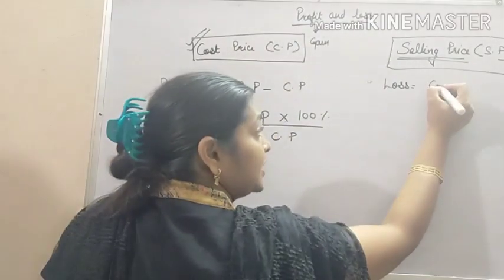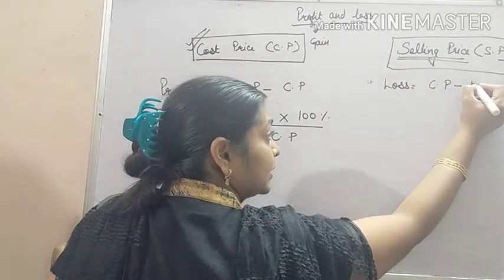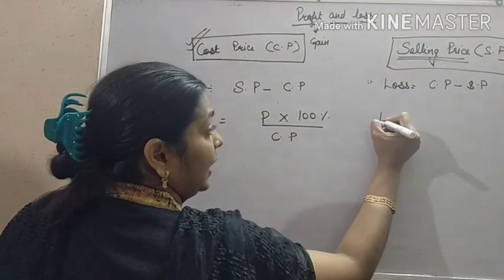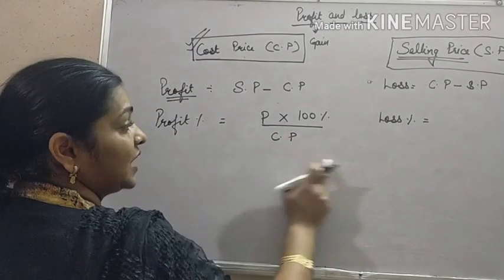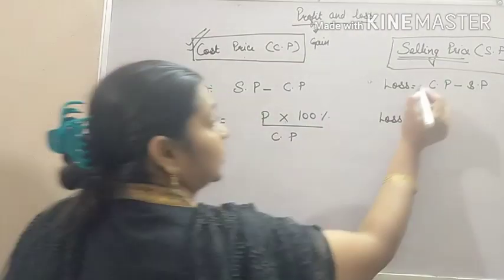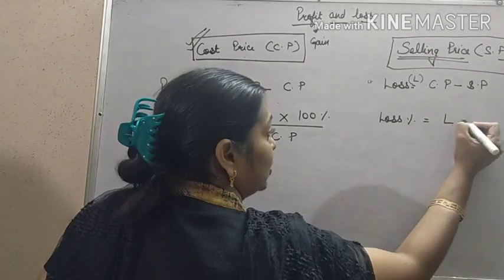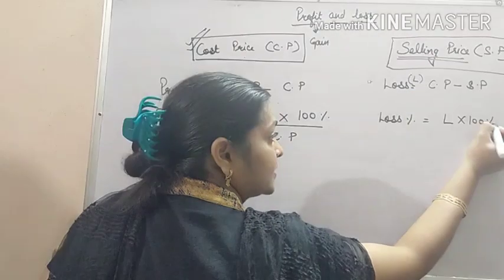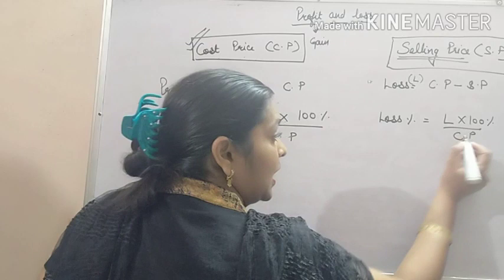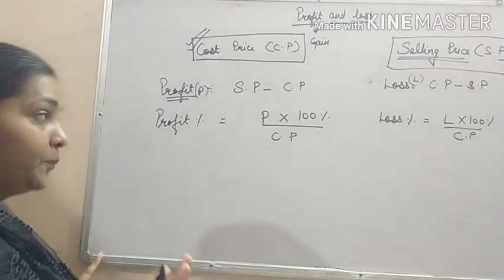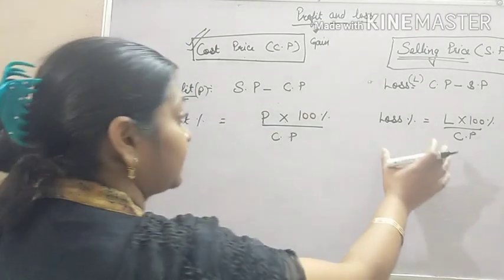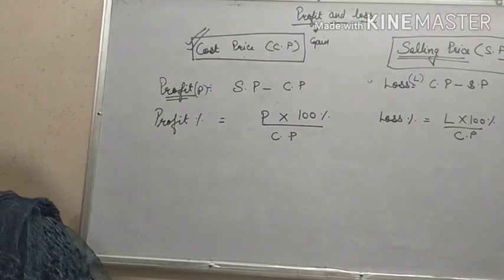So loss will be CP minus SP, and loss percentage, similarly as we have done in this formula, will be loss into 100% upon CP. Again in the denominator CP will come. Now this is how to find profit percentage and loss percentage.